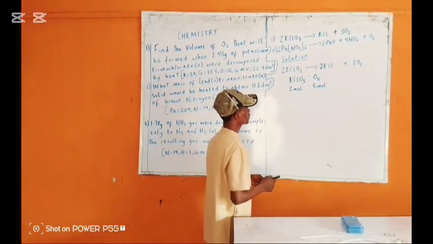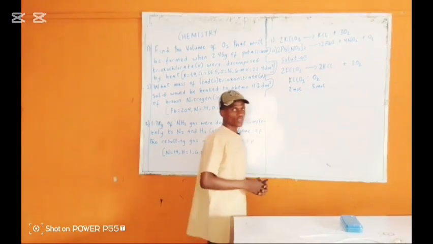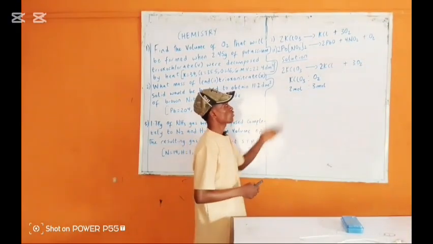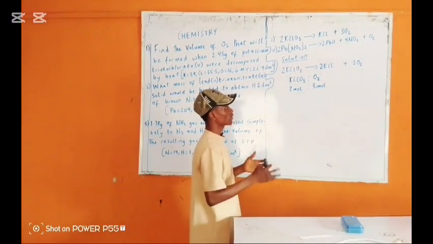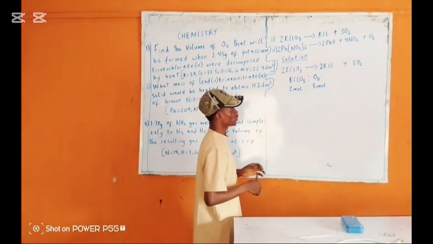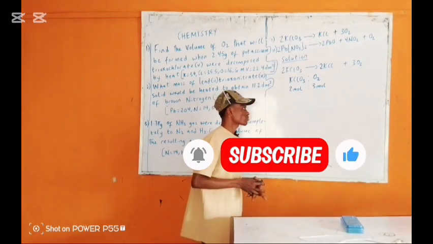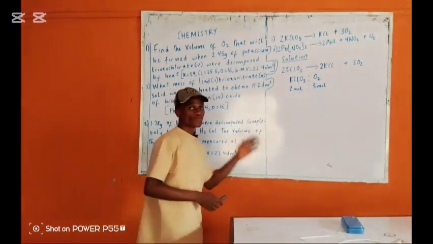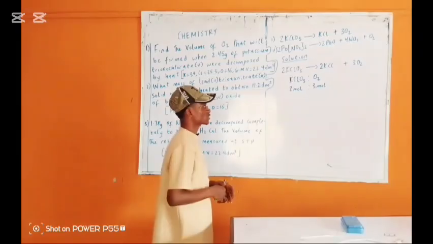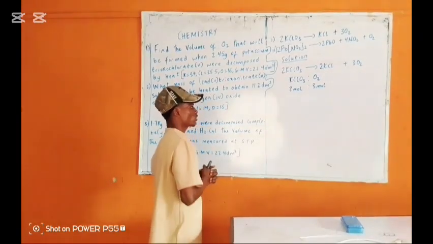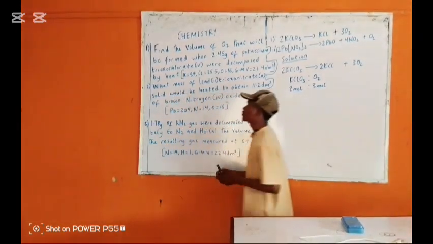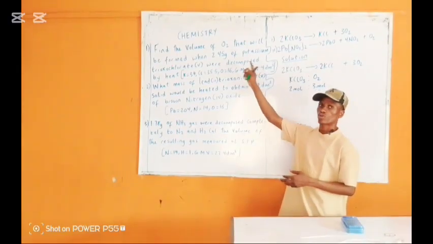So the next thing here is to check if we leave it as mole or we convert it to another measurement or another unit, I mean. So how we find out is by looking at the question. And the question on the board says that find the volume of O2.